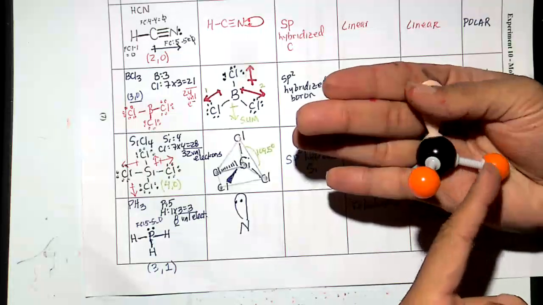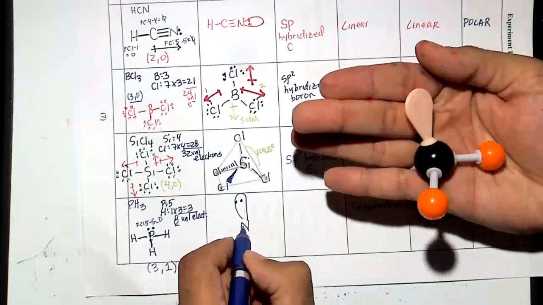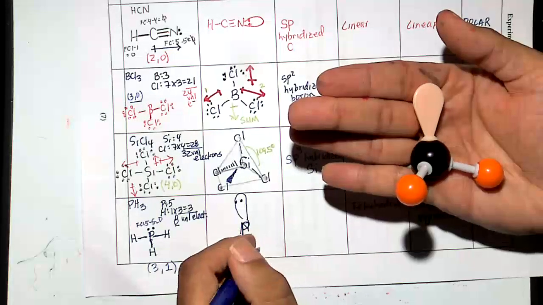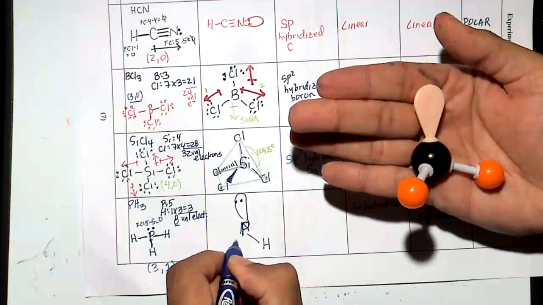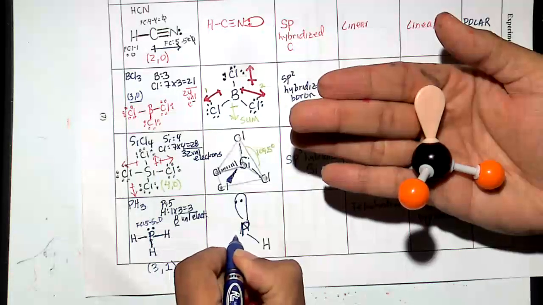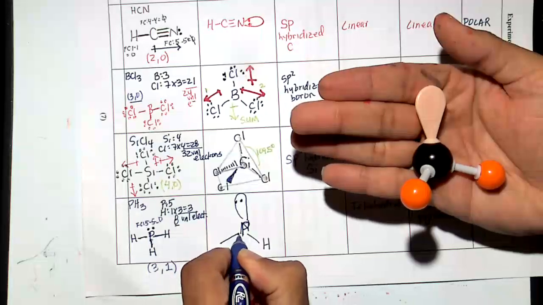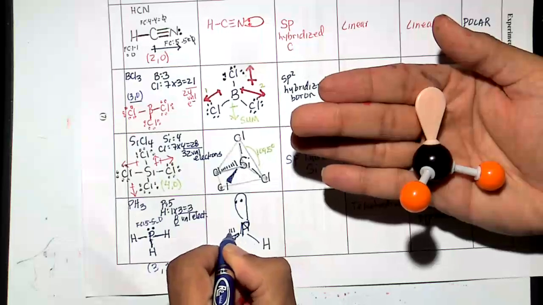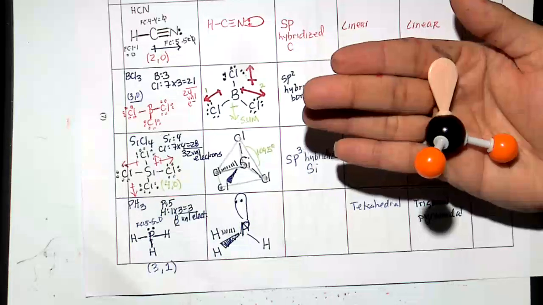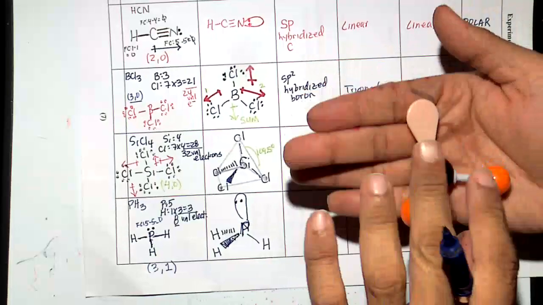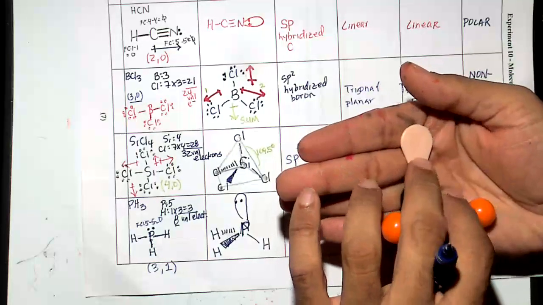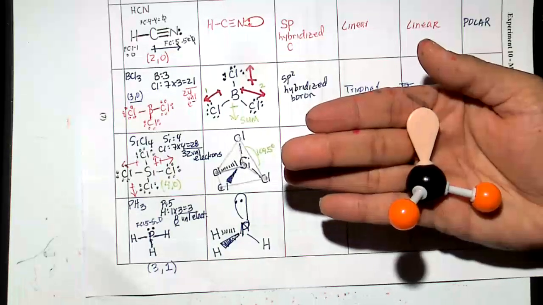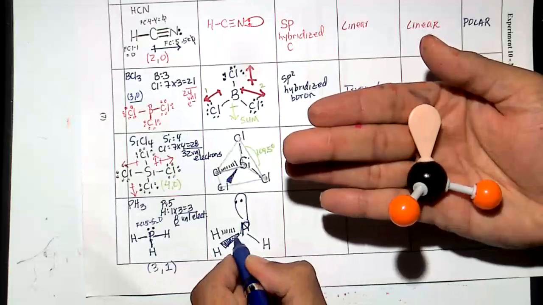This is P for phosphorus. I'll have this here as a wedge, and this here come out, something like that. I'm not going to test you so rigidly on the exam for your dash and wedge. I just want you to get a 3D structure on a 2D piece of paper.